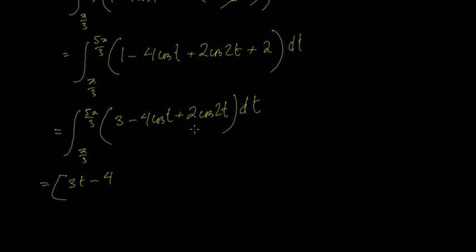So by the fundamental rule of calculus, the integral of cos t is going to be sine t divided by the chain rule. Derivative of the angle t is 1, plus 2 times the integral of cos 2t, again sine 2t, where theta is 2t, divided by the chain rule. So the derivative of 2t is 2. So we have pi by 3 to 5 pi by 3.